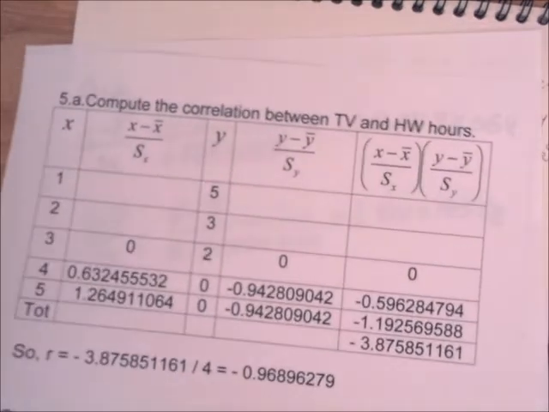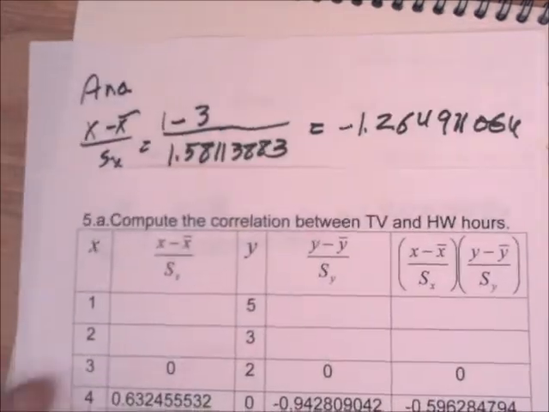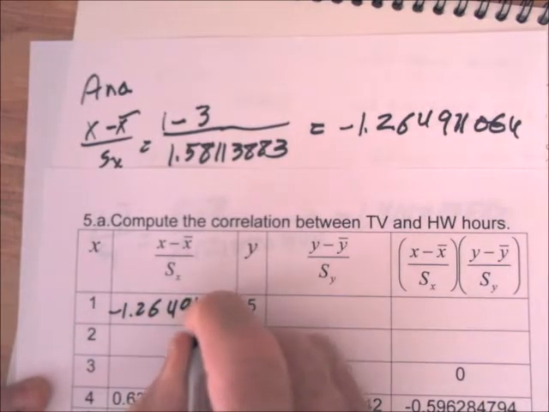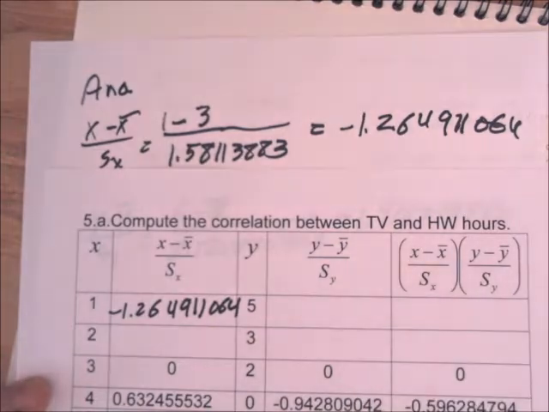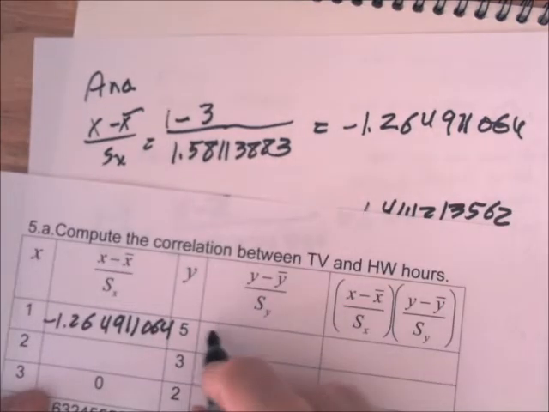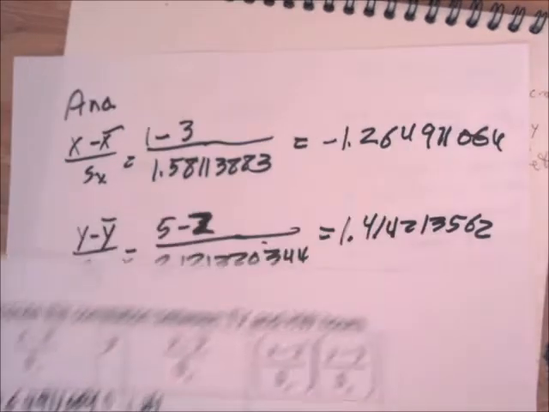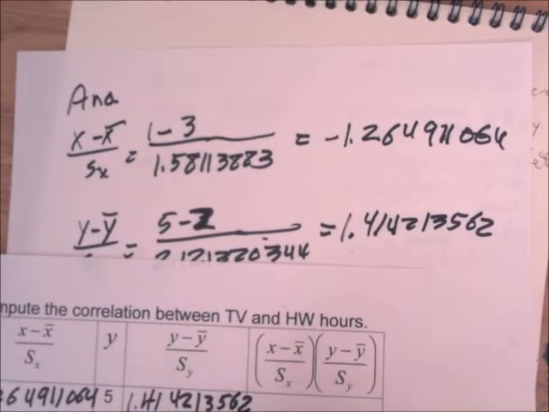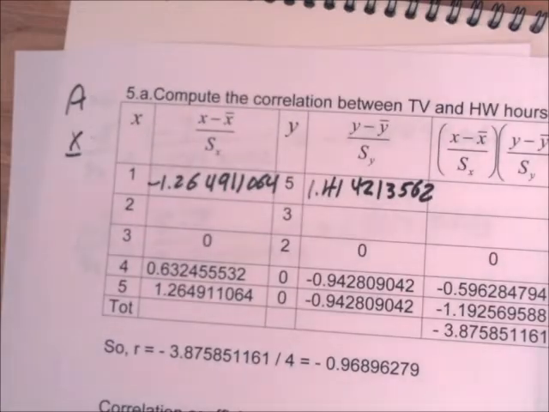For Anna, it's negative 1.26491106, and this one was 1.4142 3562, and if we multiply those together, we'll get negative 1.78 something.